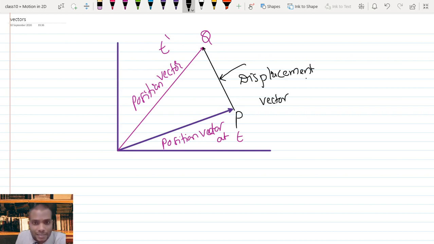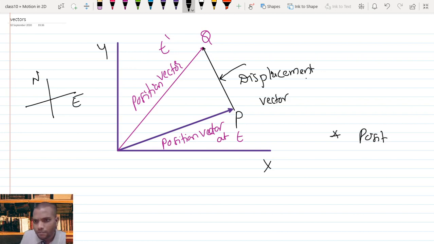So position is a vector and displacement is also a vector. The length of the vector represents the magnitude of the displacement, and the direction in which I moved is with respect to x and y, or towards north, east to north. So here we learned two vectors: one is the position vector, another one is the displacement vector.